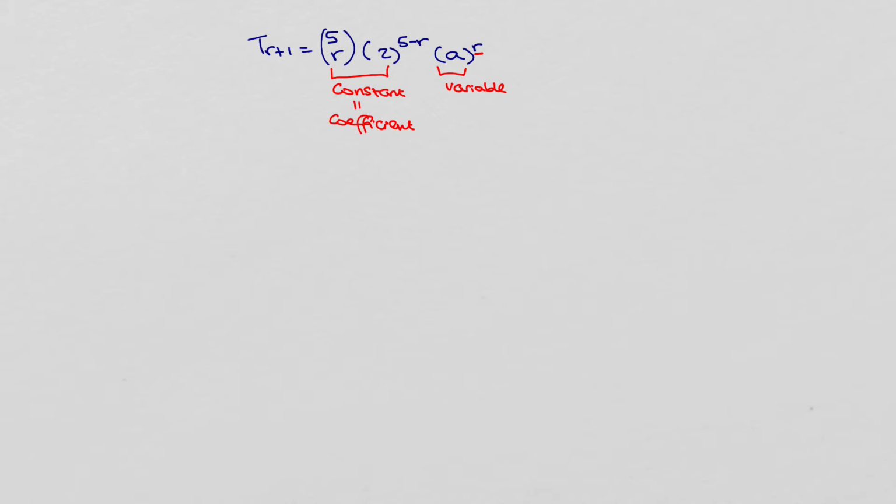So if I look at what r must be, it's 3. So now I know what r is. All I have to do is sub in, wherever there's an r, the number 3.